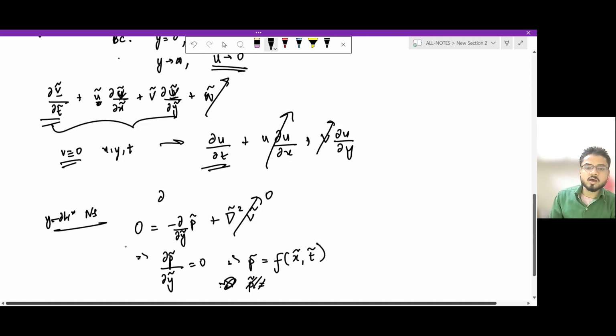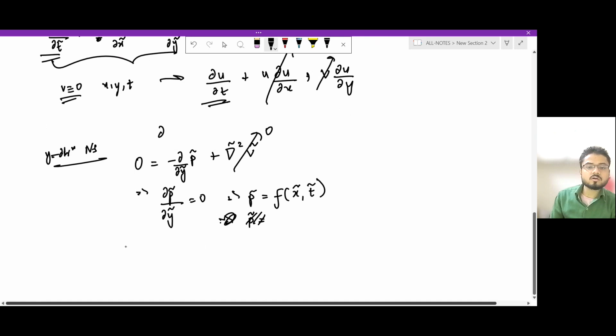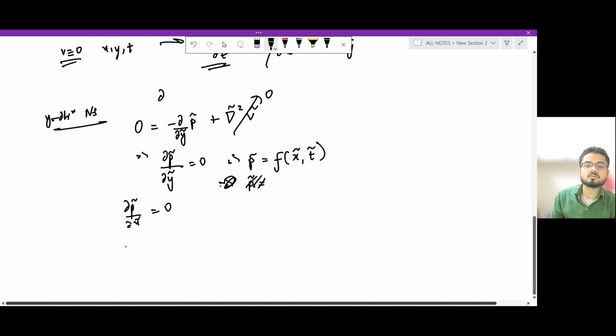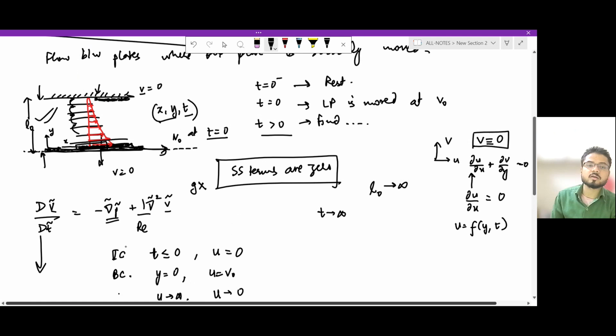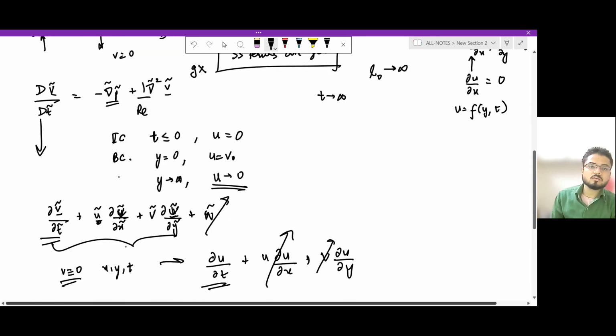But now we are assuming that in the x direction, we don't have anything, so this is identically equal to 0. So this would imply that both of these terms are 0. So p is not spatially varying. So this part becomes 0 again.